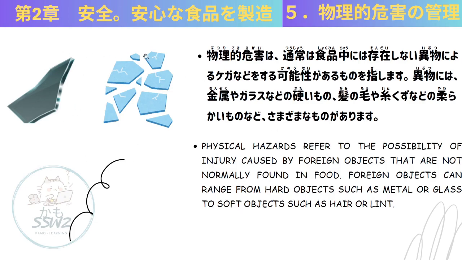These are objects like metal, glass, or hair. Foreign objects include hard things like glass or metal, and soft things like hair or lint.